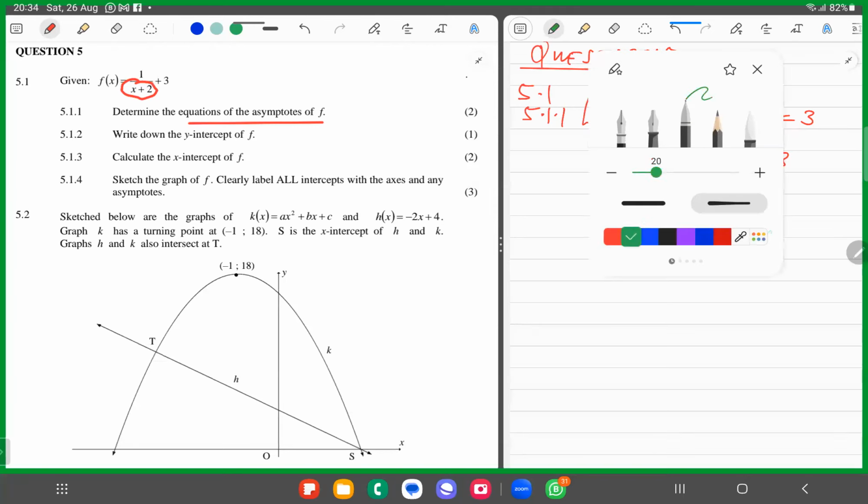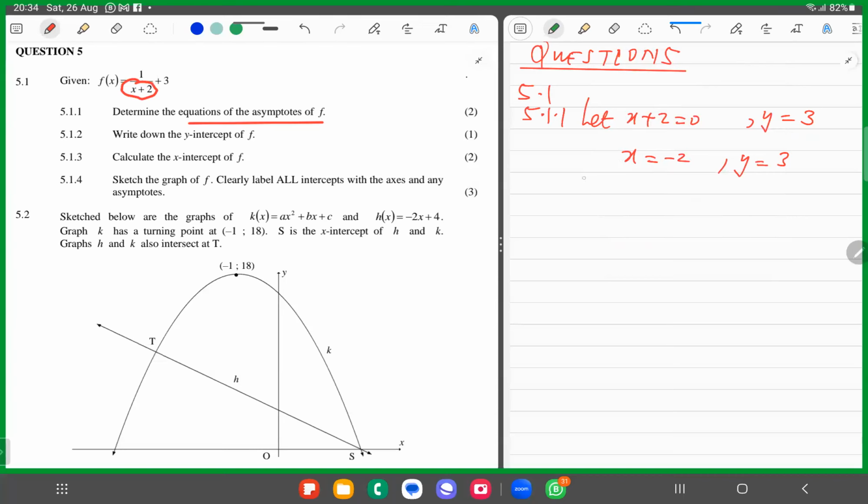These asymptotes have specific names. The x equals minus 2 is called the vertical asymptote. And then this one for y is called the horizontal asymptote.